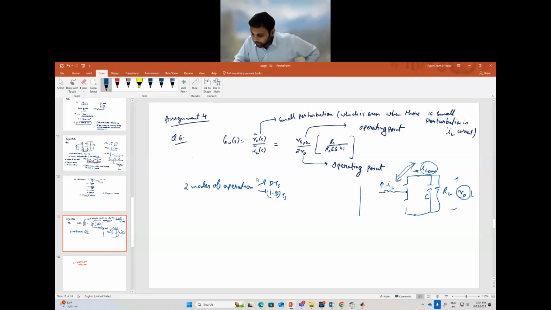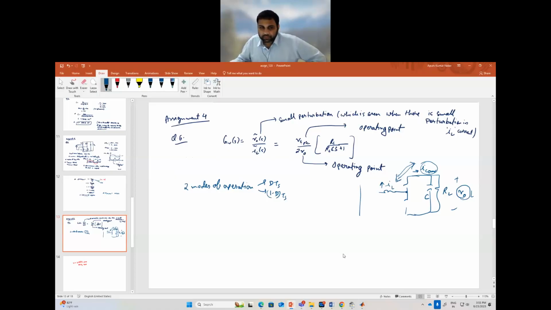Suddenly, let's say my RL gets changed. IL will remain the same, but RL gets changed, so you see some voltage other than the nominal or operating point voltage, and we wanted to capture that particular voltage change. That's why we have derived this particular expression.